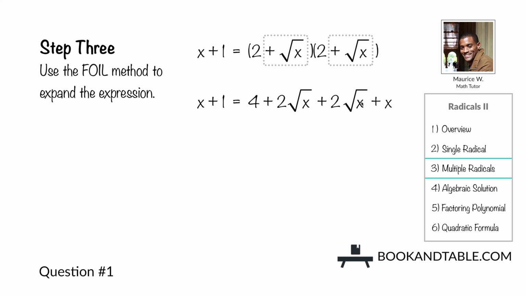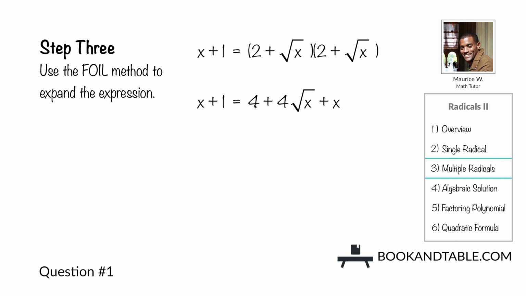They have the same term underneath the radical sign. So you combine them by adding their coefficients. 2 plus 2 gives you 4 radical x. So once you use the FOIL method to expand, we wind up with 4 plus 4 radical x plus x. So this is what our equation looks like once our first radical sign is removed.